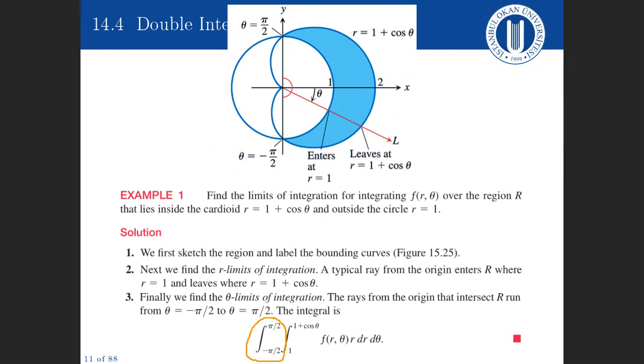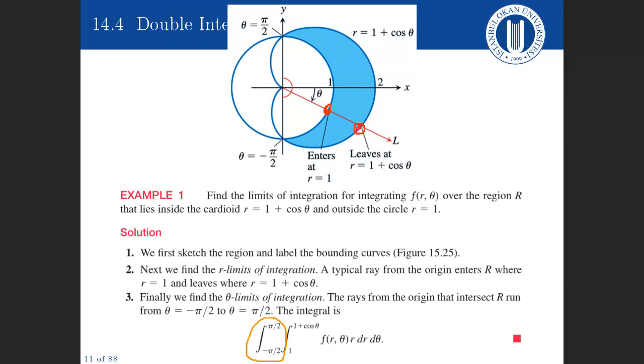Next, we need to talk about small r. So just pick one ray starting at the origin and ask, when does it enter the blue region and when does it exit the blue region? It enters on the circle r equal to 1, so the smallest possible value of r is going to be 1, and it leaves on the cardioid r is equal to 1 plus cos theta.